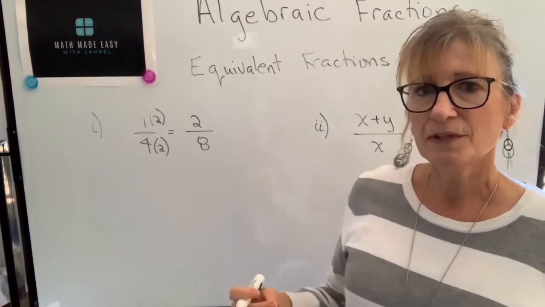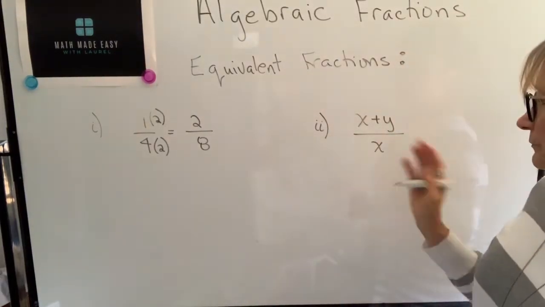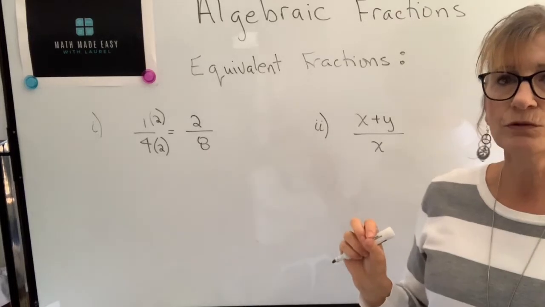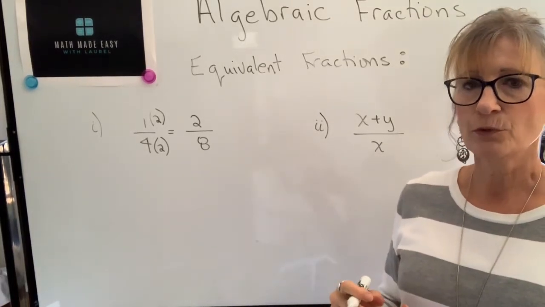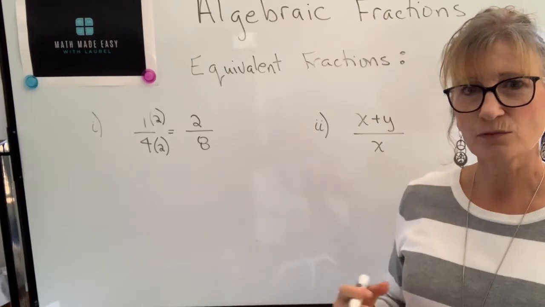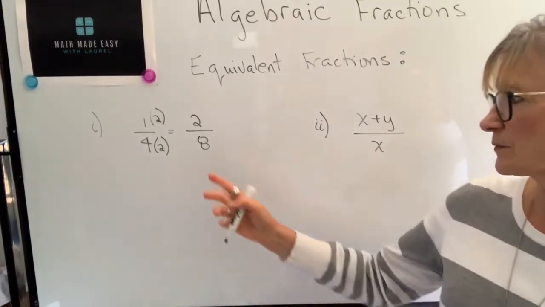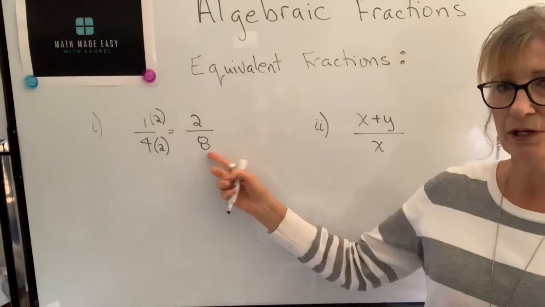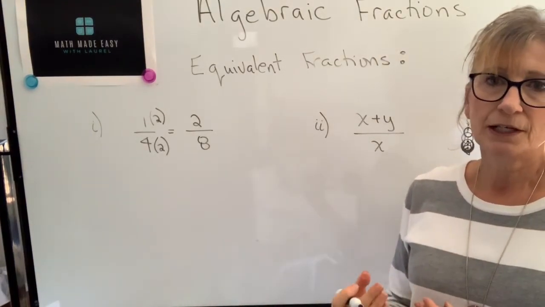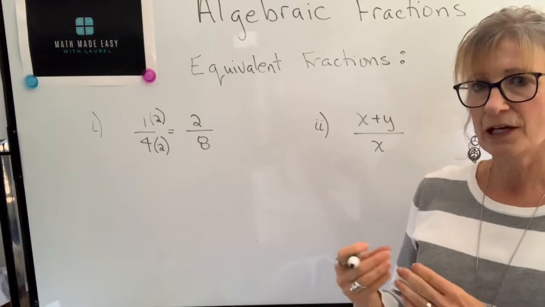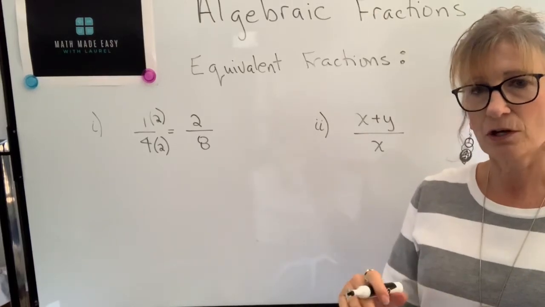I can do the same thing with an algebraic fraction. If I wanted to get a different denominator, as you'll see when we're adding and subtracting fractions, we need common denominators, and that's why I might want to do it with the numbers as well. So often you'll have to multiply your denominator by some factor to get the lowest common denominator.